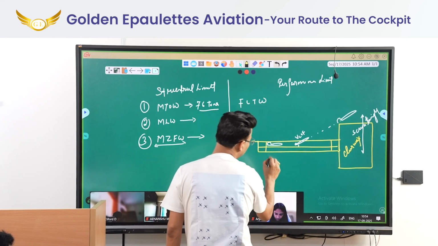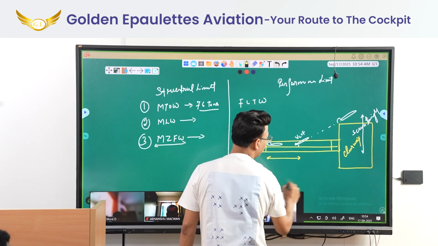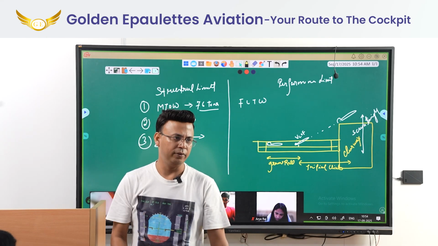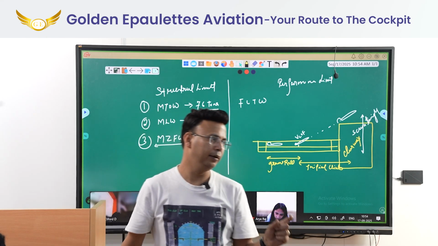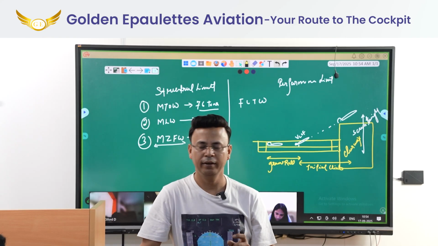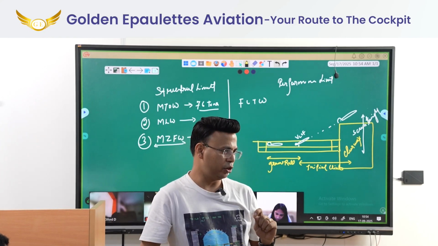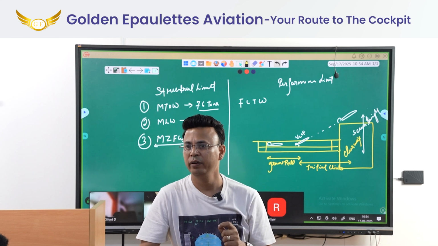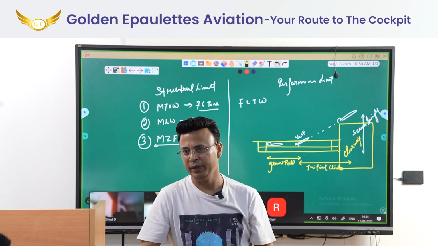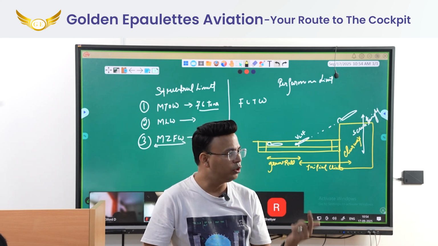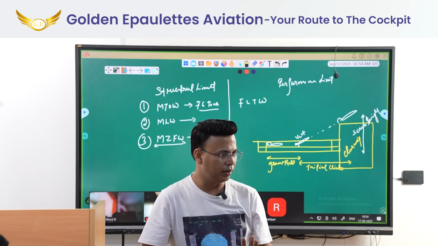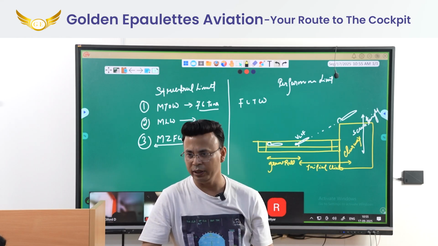This is the ground roll section and this is the initial climb section. Any takeoff is legal only when, in case of an engine inoperative, you reach screen height by the end of the clearway. If you are unable to reach screen height by the end of the clearway, that takeoff is not legal.